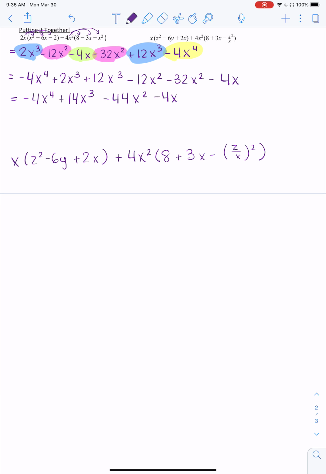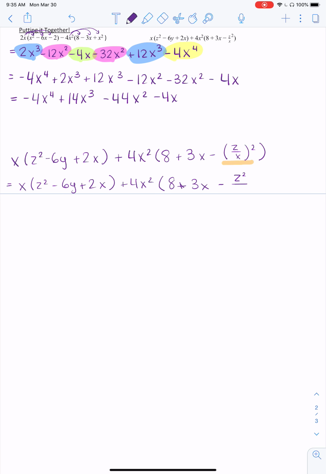Okay, so the first thing I'm going to do is I'm going to start over here and address this over here. So we're going to start by using that fraction rule. And remember with our fraction rule that that exponent goes on our numerator and our denominator.